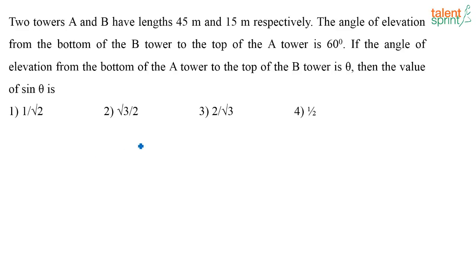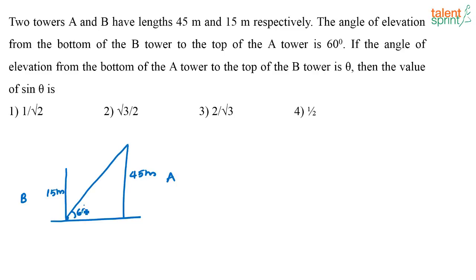You have two towers of lengths 45 meters and 15 meters respectively. So let us take this as tower A and this as tower B. Now it is given the angle of elevation from the bottom of the B tower to the top of the A tower, this angle is 60 degree.